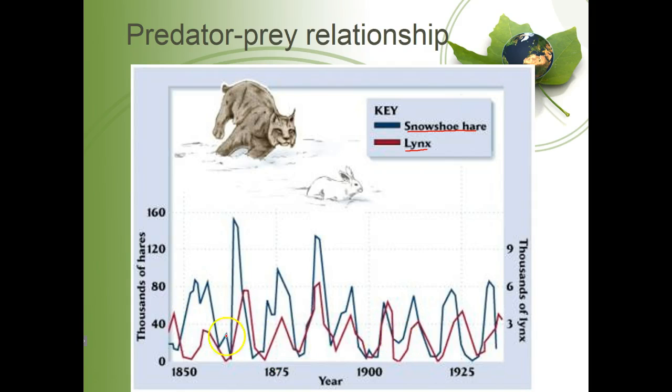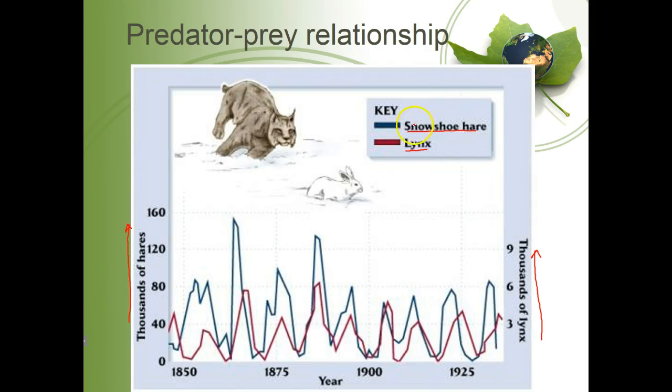Now this is a double axis graph, and so we have thousands of hares on this side, and thousands of lynx on this side. Notice that the scale is different, so obviously we have more hares at a particular time than we have lynx, which makes sense because if we think of our energy flow and our numbers or energy pyramids, we have to have a greater amount of prey than we have of predators, or the population isn't going to work out.